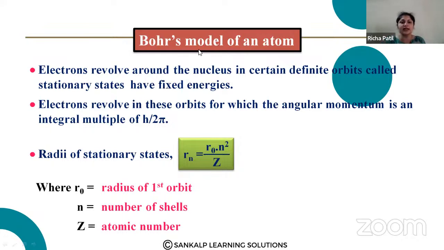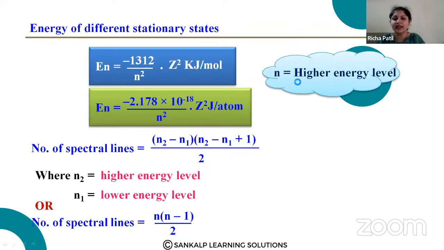The nucleus is positively charged and is present in the center of an atom, and around it the electrons are revolving. These electrons revolve around the nucleus in certain definite orbits, with stationary states having fixed energies.